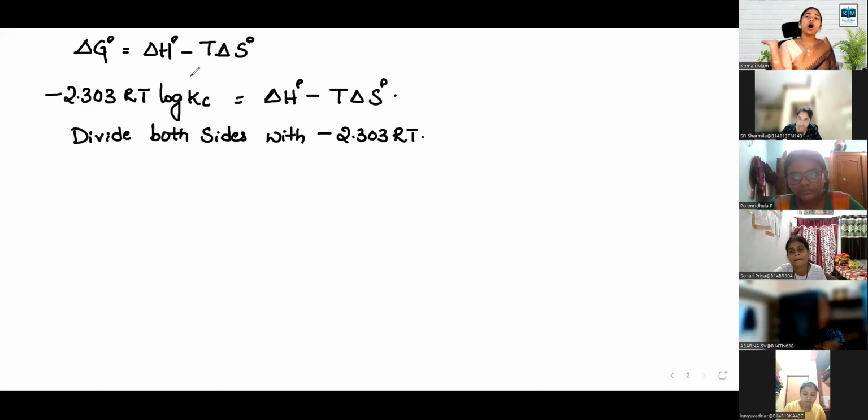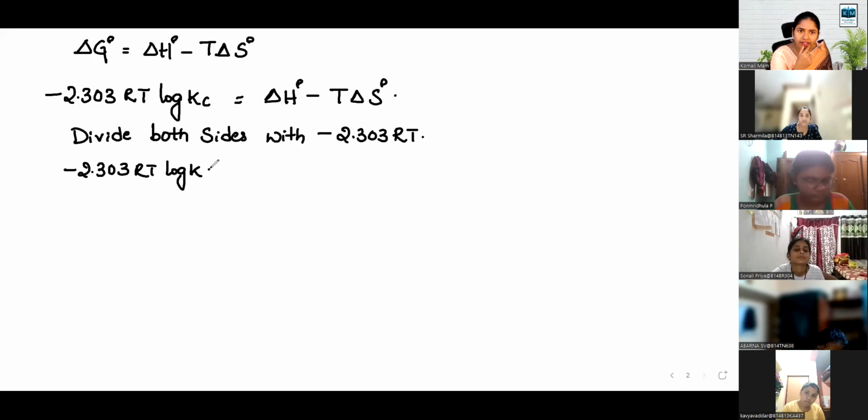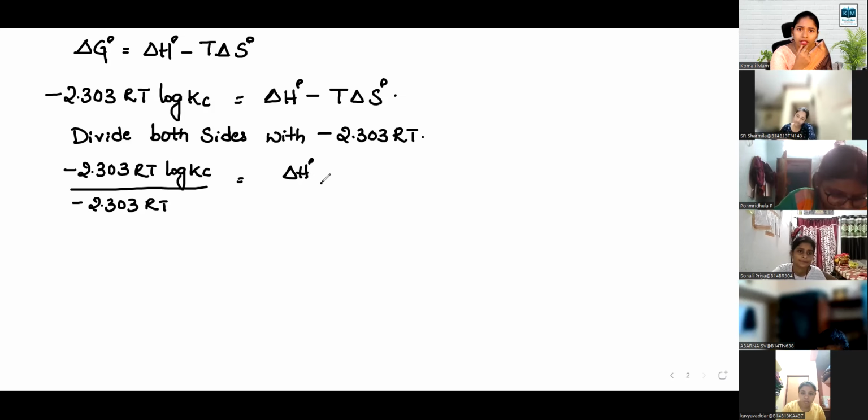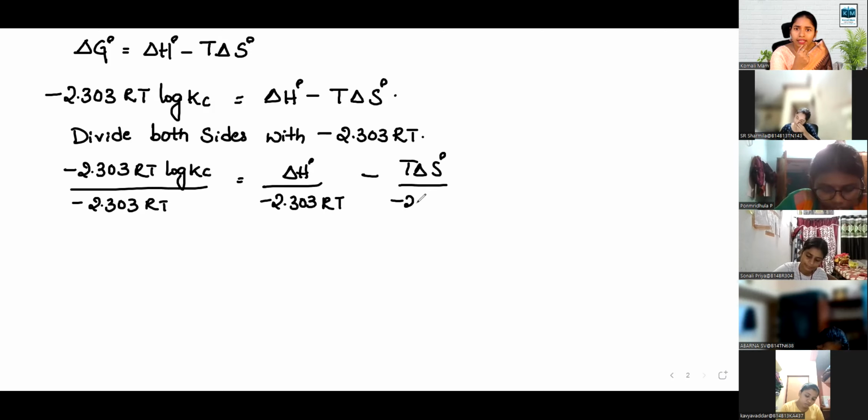Divide minus 2.303 RT log Kc. Come on, divide everybody. Minus 2.303 RT, delta H naught by minus 2.303 RT, minus T delta S naught by minus 2.303 RT.